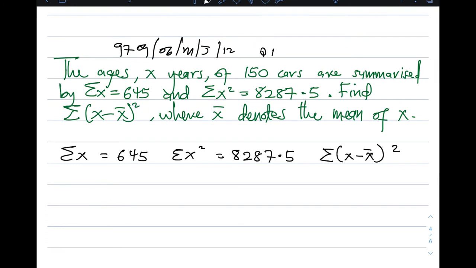Now whenever you are given this, what comes to mind? Yes, variance. Because this actually comes from the variance formula. Variance is given by sigma x minus x bar all squared over n. So this is the variance formula.